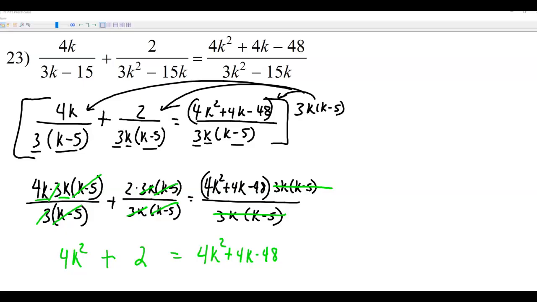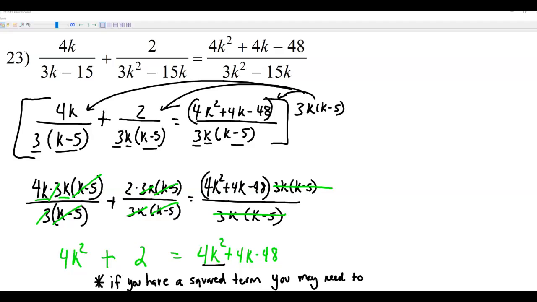Now, the next thing we'll do is we'll start combining our like terms. Now, a little note that I'll put here is if you have a squared term, like here we've got a squared term, you may need to use either factoring or quadratic formula.